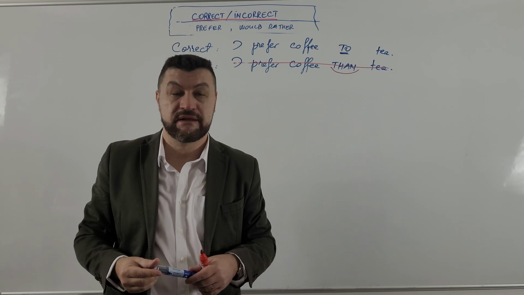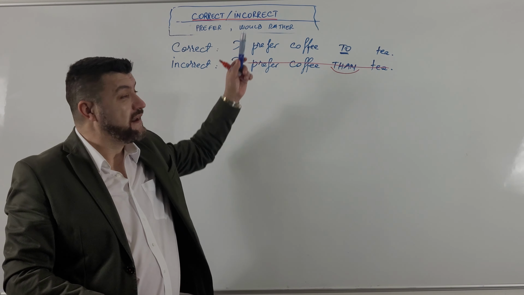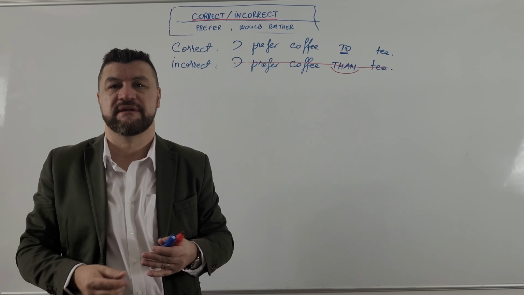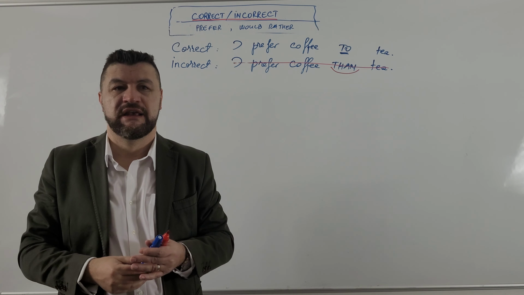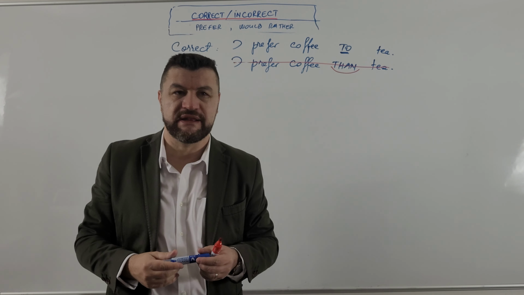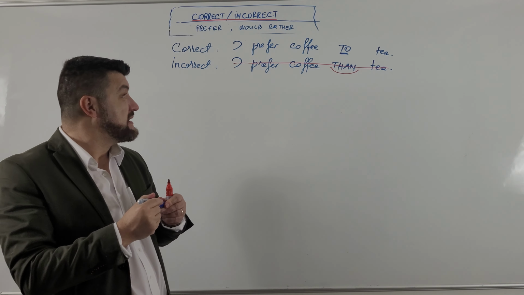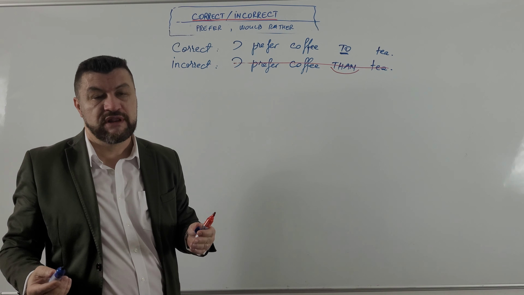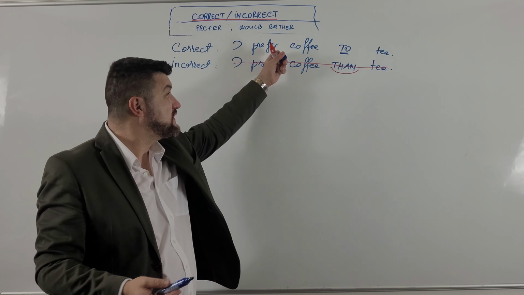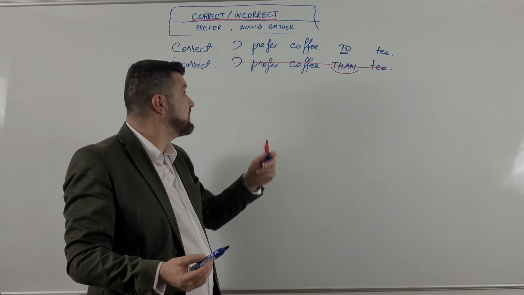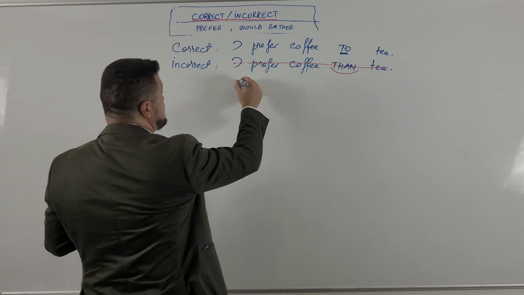We have another construction to express prefer. You will see the explanations in the other video lessons that I recommended you with the same name. But now we concentrate on the mistakes that we can make with would rather. So if I want to say the same sentence by using would rather, I will have to do something like this.